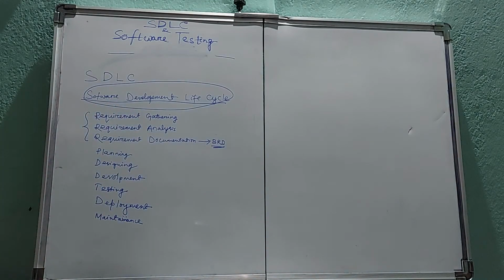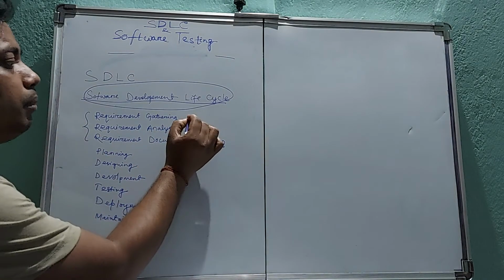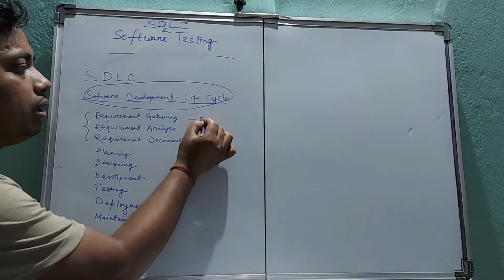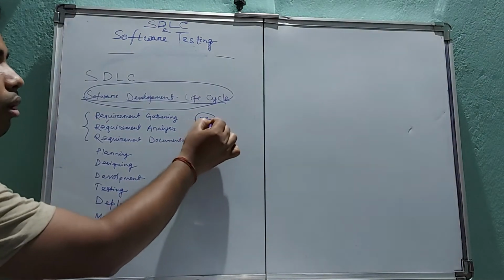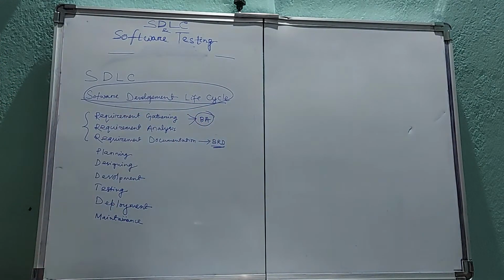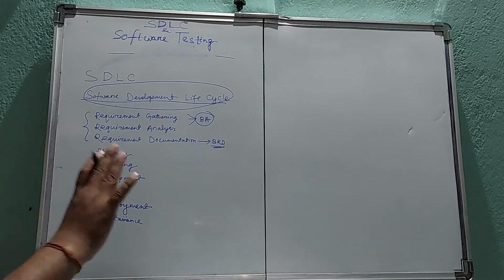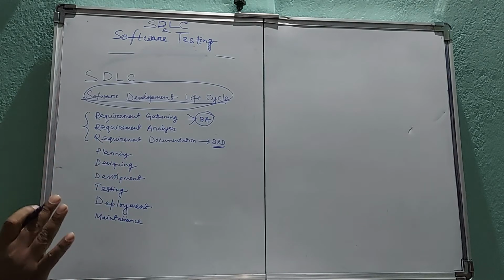Who will gather all these things? A business analyst will try to gather this kind of information from the end users, like what kind of application would be there, what kind of daily activity needs to be captured, what types of expenses can be captured. I'm just giving an example from a software product point of view.